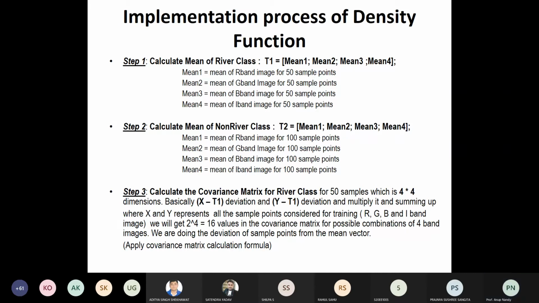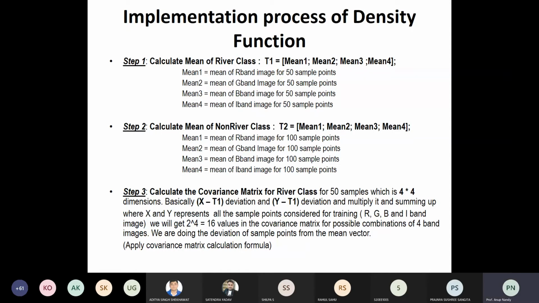So now, if you have this COV of n cross n, then COV of x1 comma x2, or you can have COV x1. Suppose you have 4 cross 4, it means you have COV of R band R band, COV of R band G band, COV of R band B band, COV of R band I band.